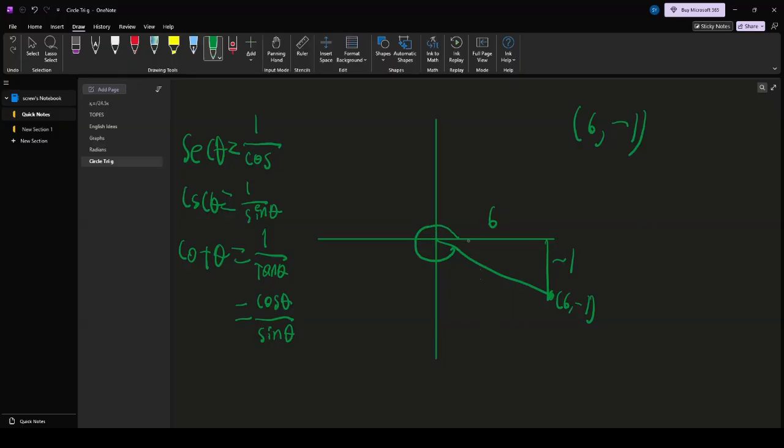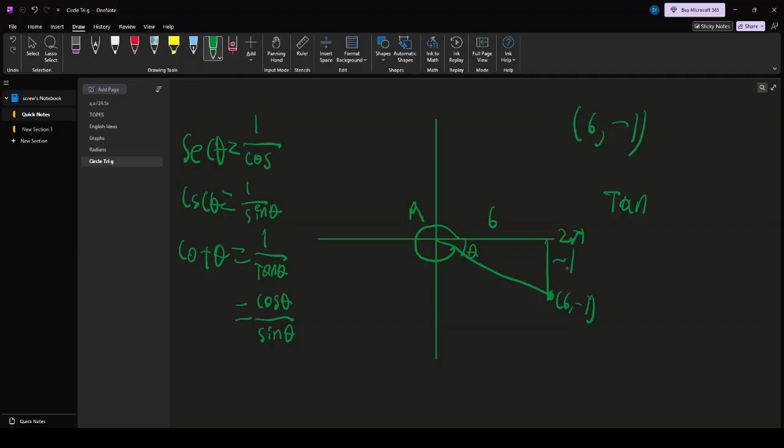I don't know what to call it, maybe just A. Yeah, all right. And this will be theta. So, what we can do to solve this is to find this angle and then just take 2 pi and subtract that angle. So to find this angle, we can use our primary trig ratios.